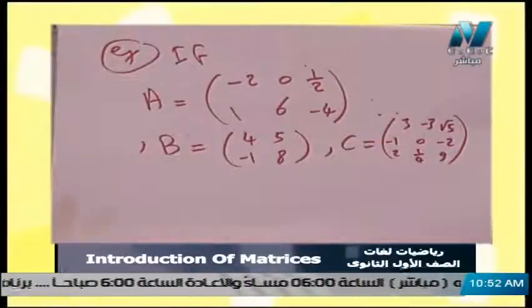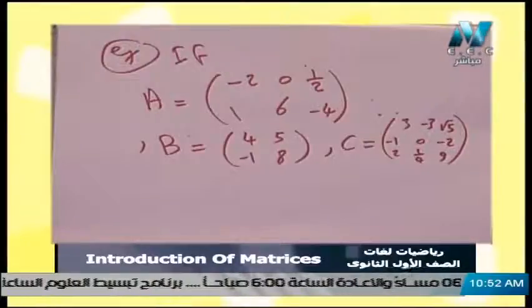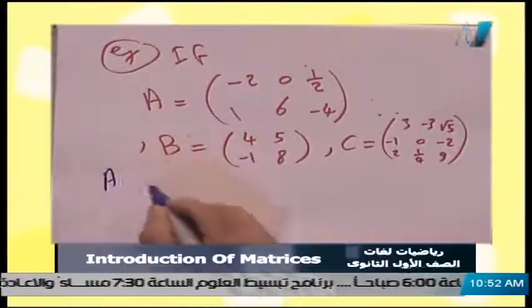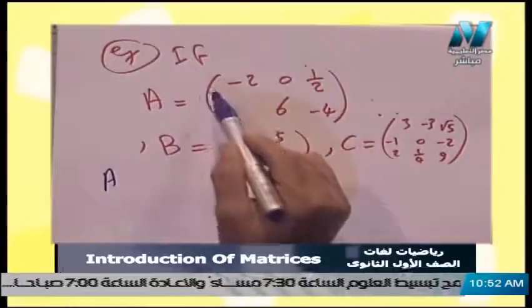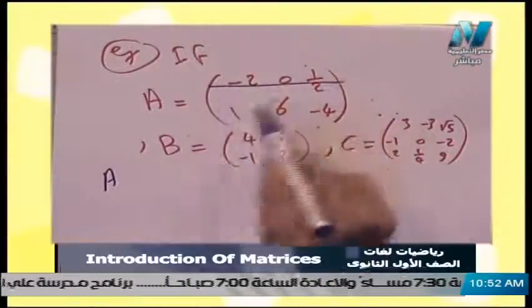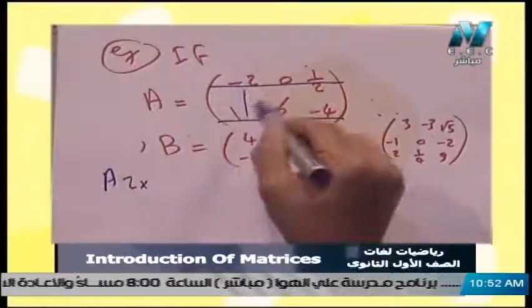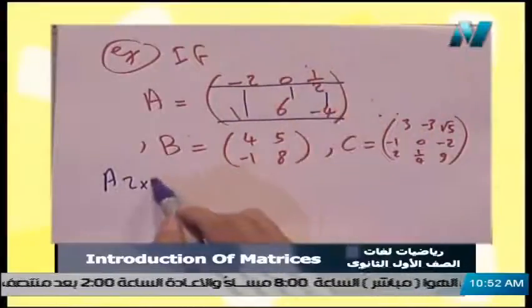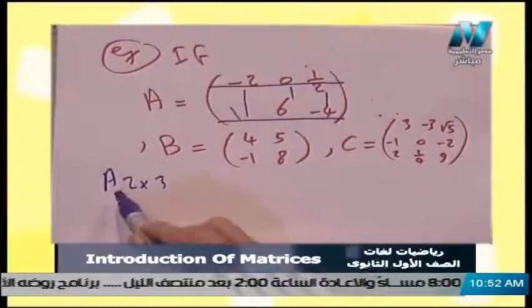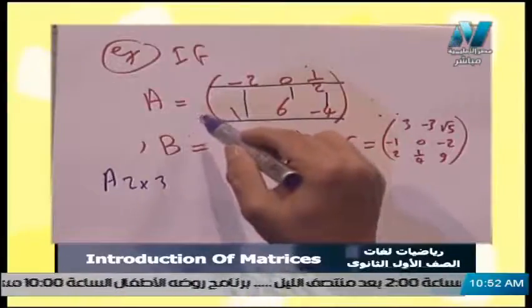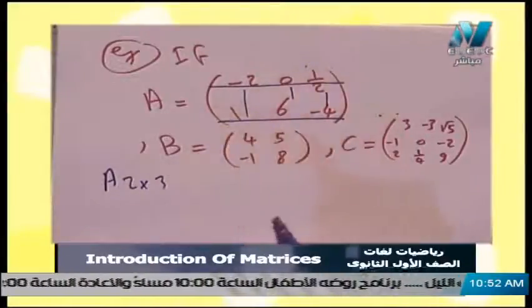To find the order of each one. The matrix A is of order what? Yes, we have 2 rows, so it's 2 by 3, 3 columns. The order of the first matrix, which is A, is 2 by 3.